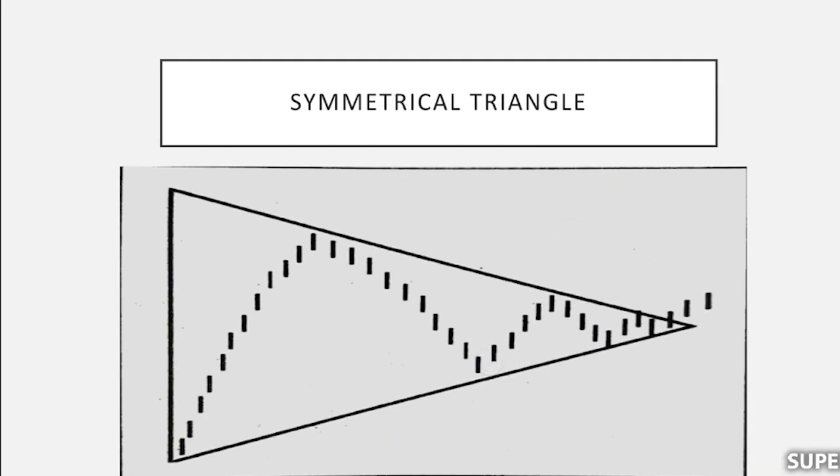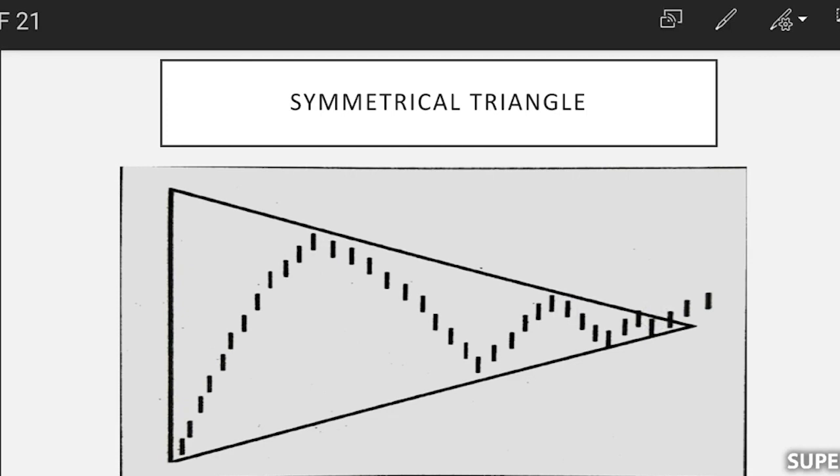And this pattern is made up of a series of fluctuations, each of which is smaller than the previous one. And tops do not attain the heights of previous tops, like this.